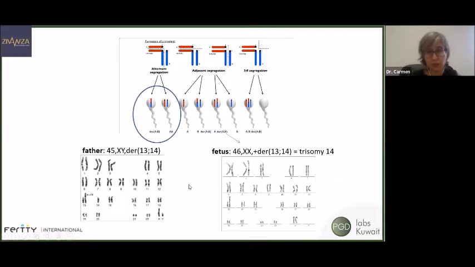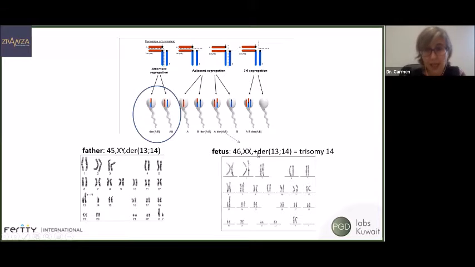Also, during spermatogenesis, he can produce different kinds of sperm. Only 2 of them will be balanced and give a normal fetus with no extra or missing DNA, and all the other forms after fertilization will be an abnormal or unbalanced embryo.